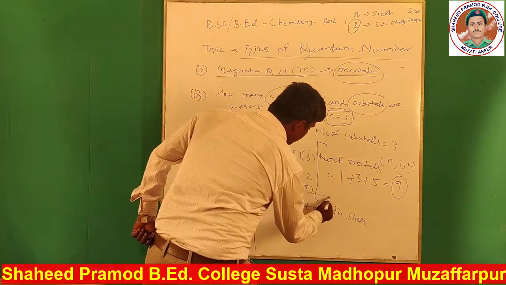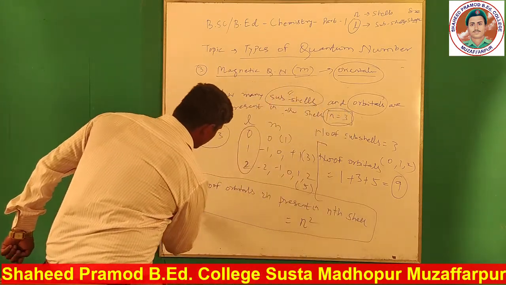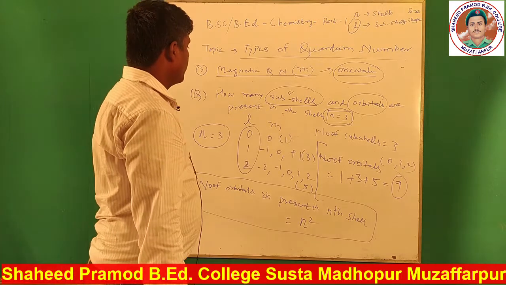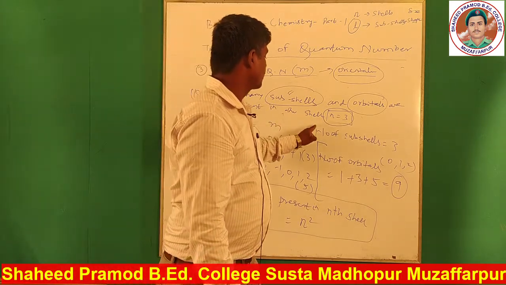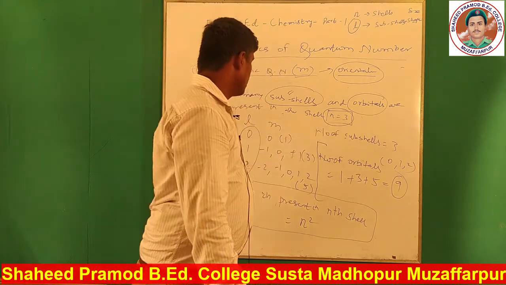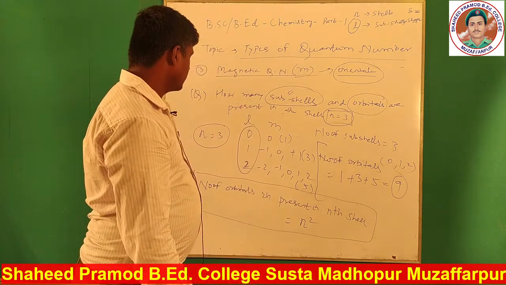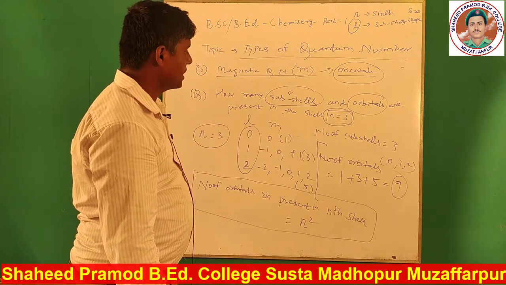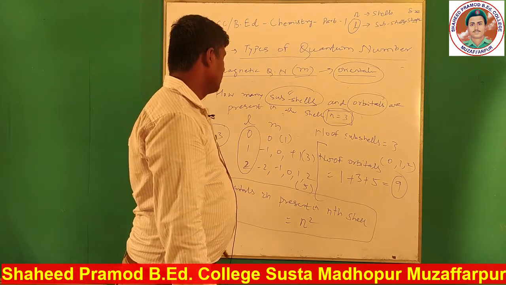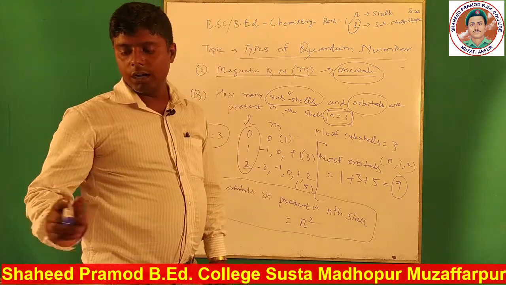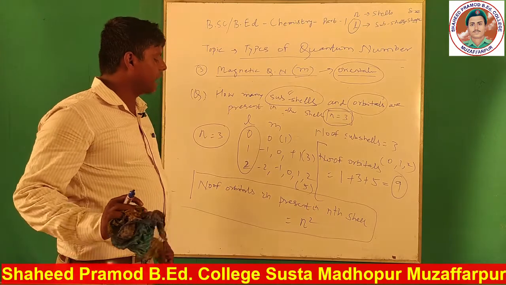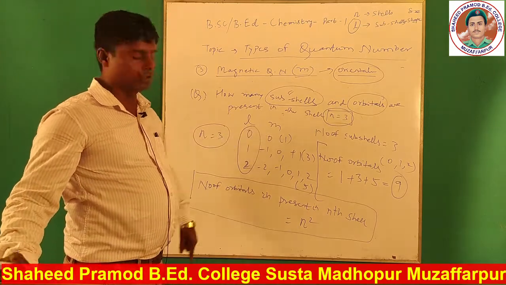You can remember this one. Now, tell me, if you have been asked for n is equal to 4, so what will be the number of orbitals? This will be 16. For n is equal to 5, this will be 25. So, one formula can be derived from this solution.